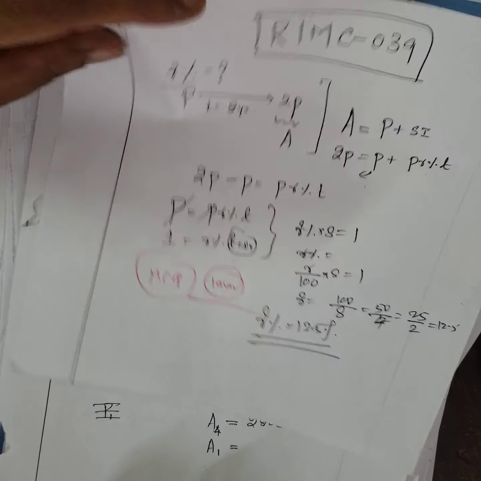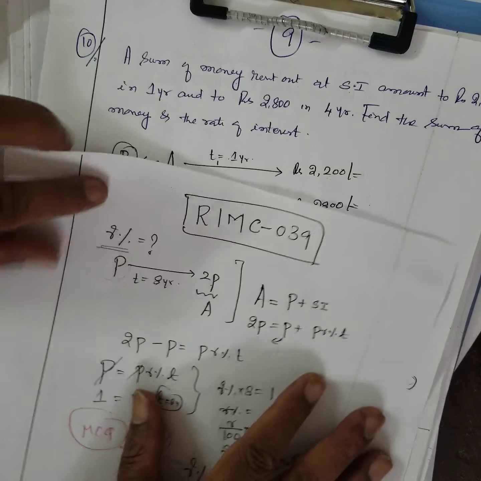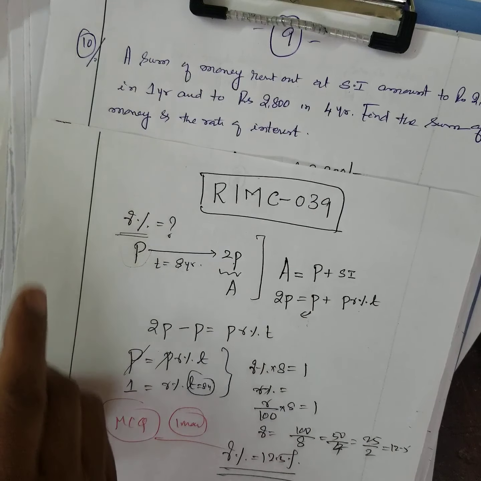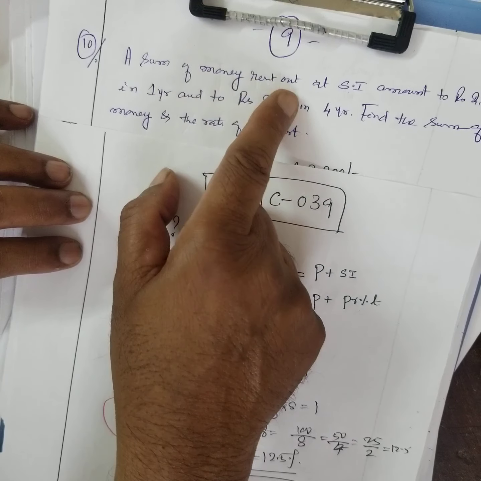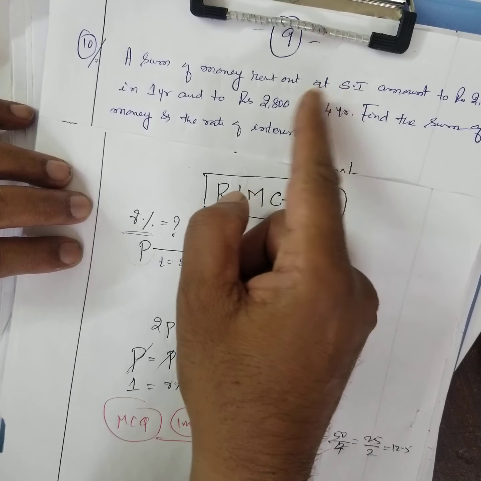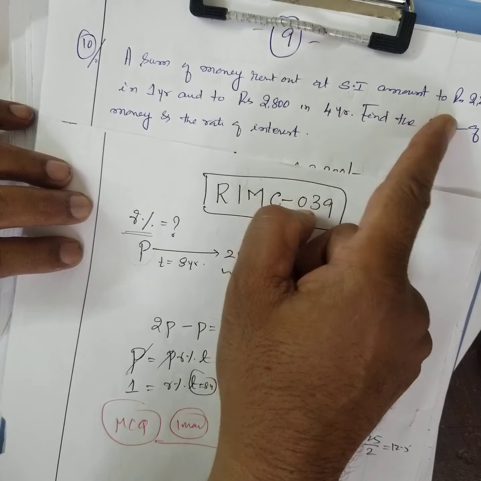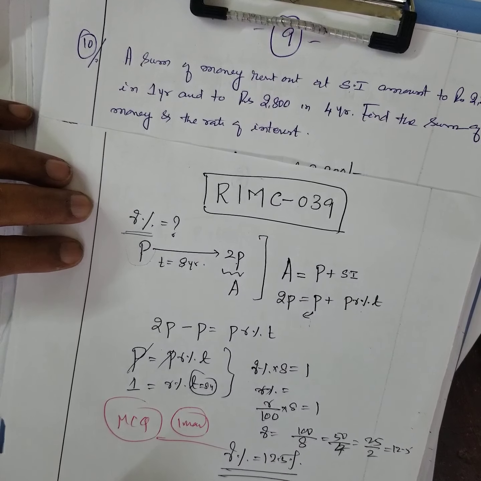We can do that. See, another sum: a sum of money rented out at simple interest amounts to 2,200 in 1 year.